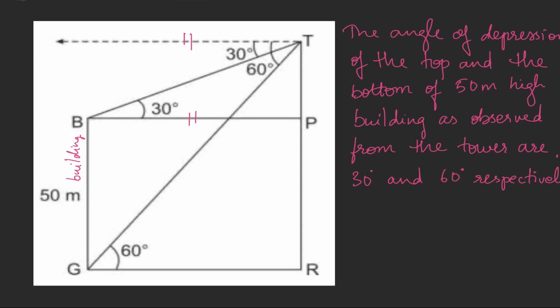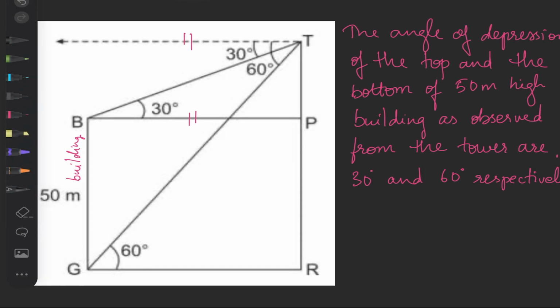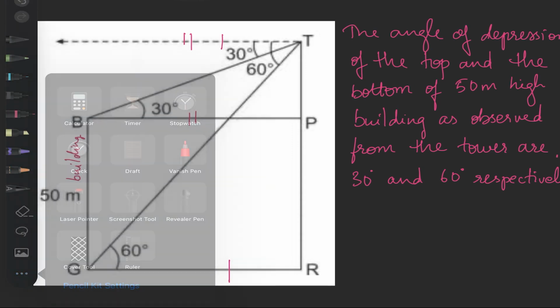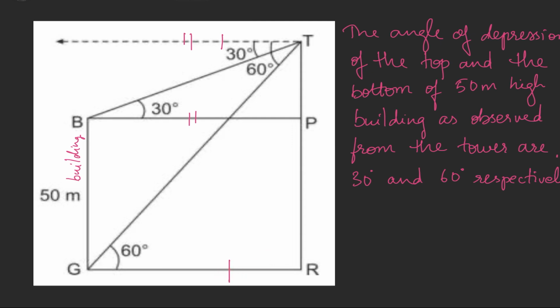Now, since we are observing to the bottom of the building, we will be drawing the line parallel to the horizontal line from the bottom of the building. Now, this line is parallel to this line, that is line GR. Now, getting the angle, if you observe, we have Z-shaped angle.